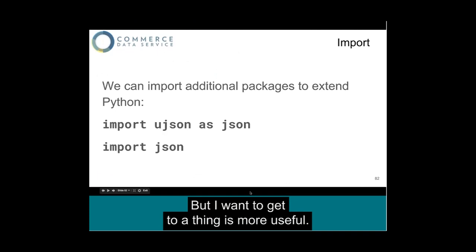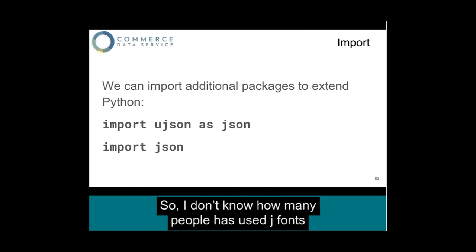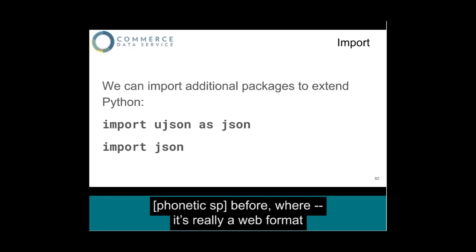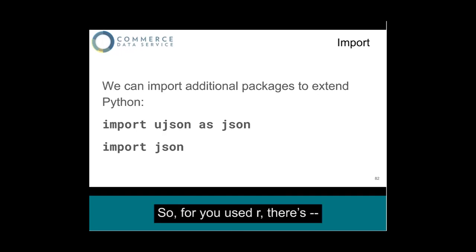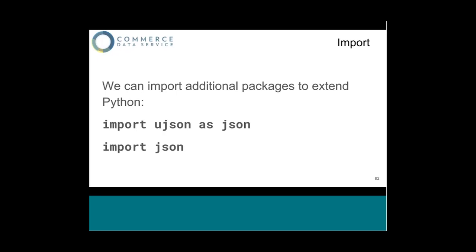But I want to get to something I think is more useful. I don't know how many people have used JSONs before, where it's really a web format, and it's meant to be human readable. For people who use R, you can save the session and get back to it.